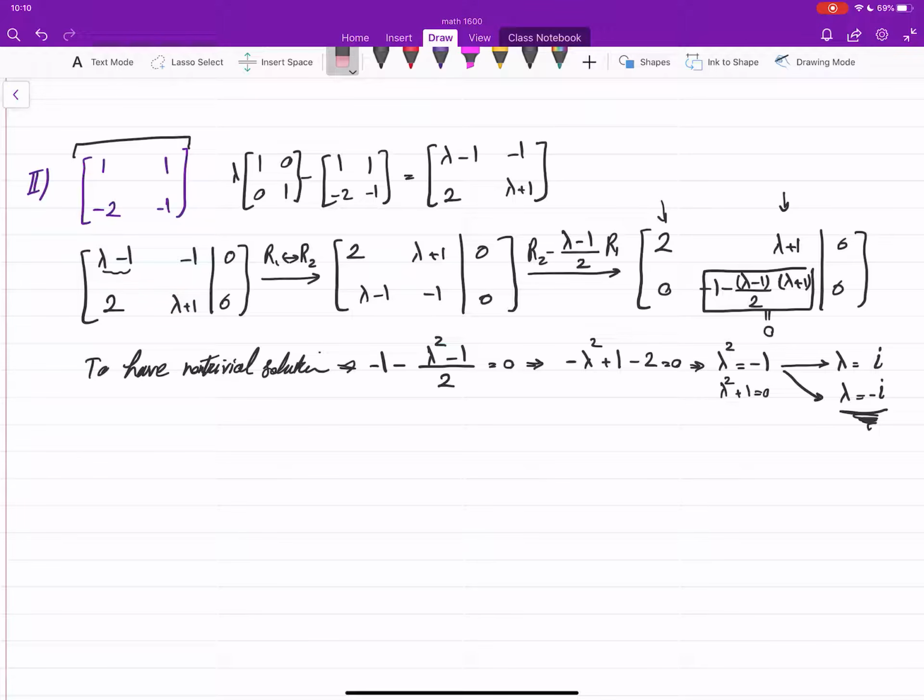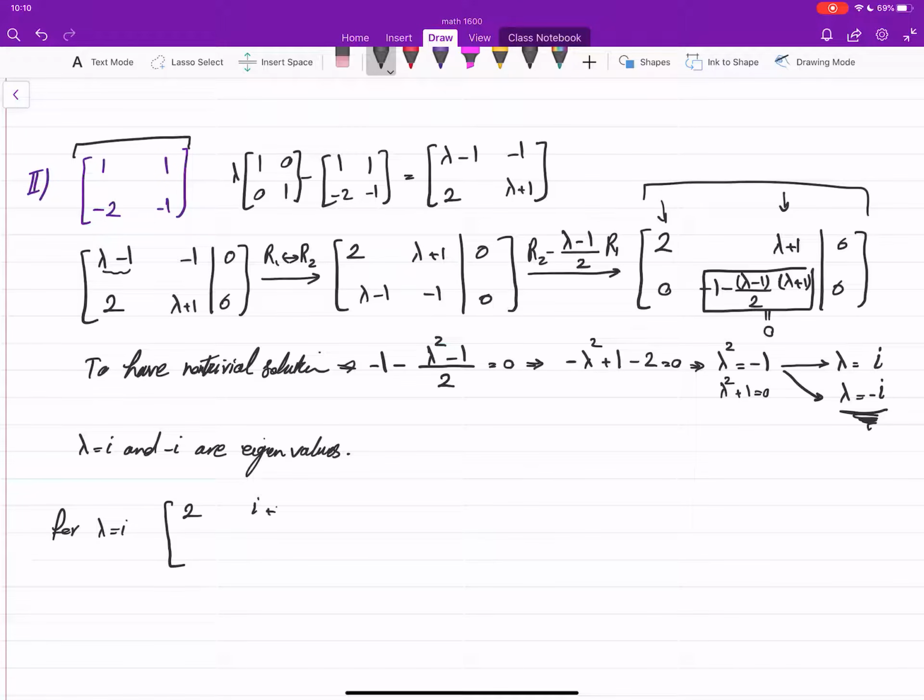For example, lambda equal to i and minus i are eigenvalues. Let me just, for i, plug in i here. So you will have 2, i plus 1, 0, 0. Here you have 0. We know that with i, this will be 0. So this means that 2x plus (i plus 1)y equals 0, and y is equal to t.